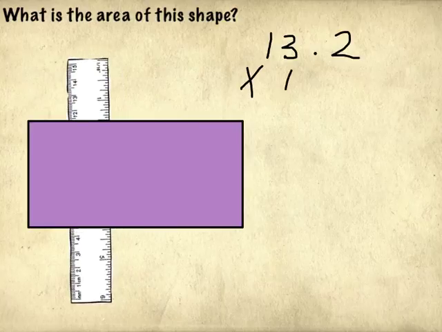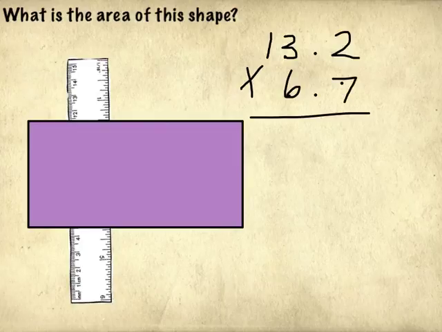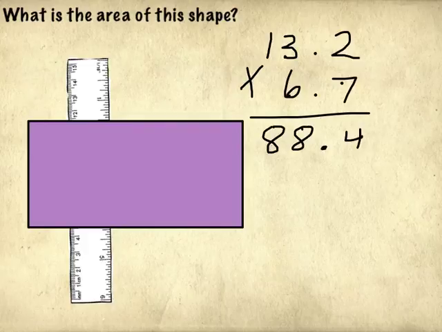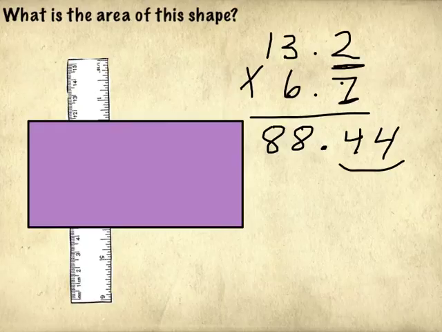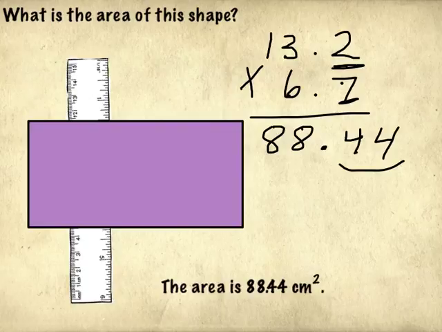So I'm going to go 13.2 times 6.7 equals, I'm going to use my calculator, 88 and 44 hundredths. And I can double check my decimal spot. There's 2 decimals in the question, so there should be 2 in the answer. I'm good. The area of the shape is 88 and 44 hundredths of a centimeter squared.